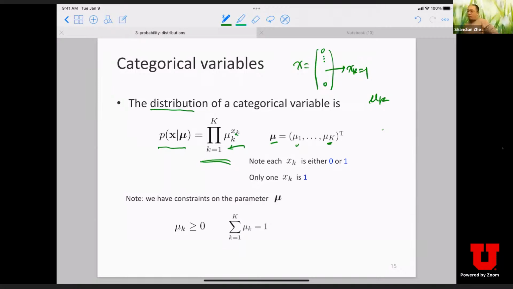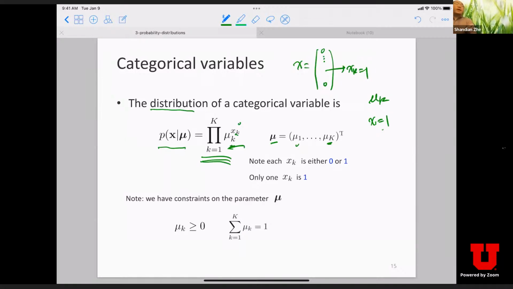Take one particular example. If I take a specific category, say x1 equals 1, that means all the other x elements will be 0. So you can imagine in this product, for all the k's whose x k is not 1, x k will simply be 0, and then you take the power of 0, which is simply 1.